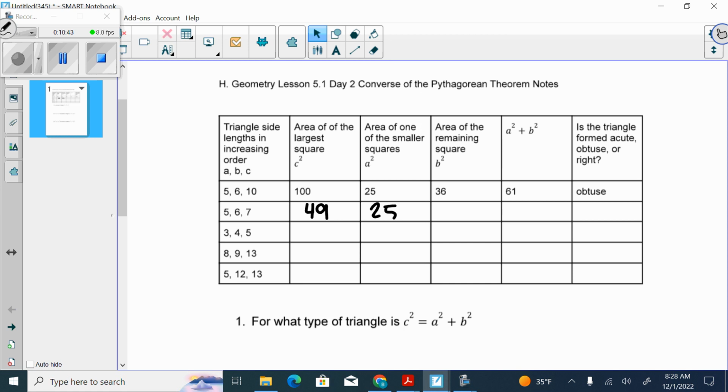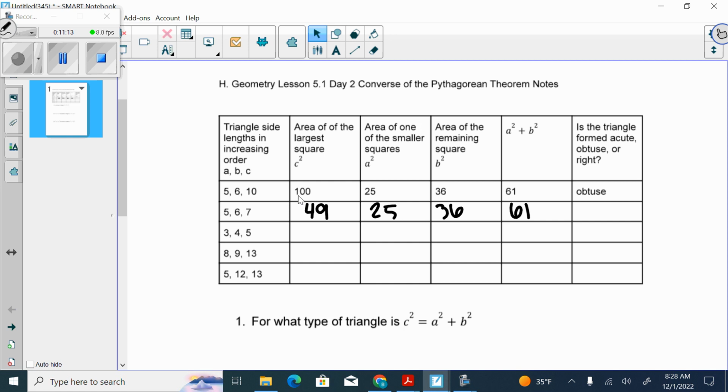And then that would mean that B has to be 6, 36. And then it says to add your A squared and B squared. So what is 25 plus 36? 61. Okay. Now over here they are asking if we want to say that this one is acute, obtuse, or right. So we may not know exactly what to put in this blank. Let's continue filling in the chart and see if we can conclude what we should put in that last column.